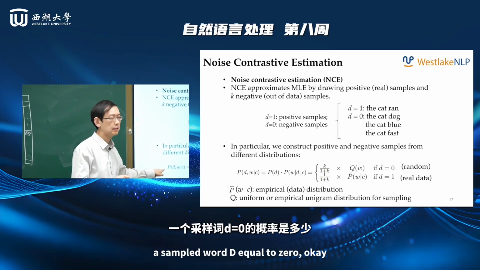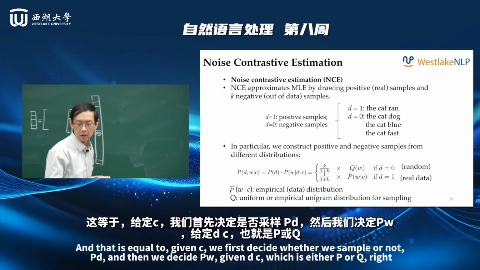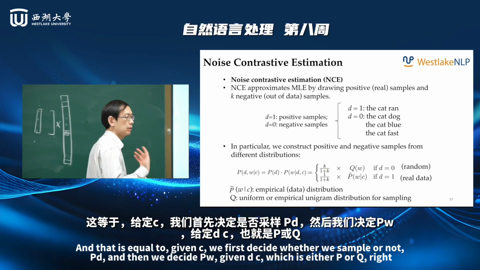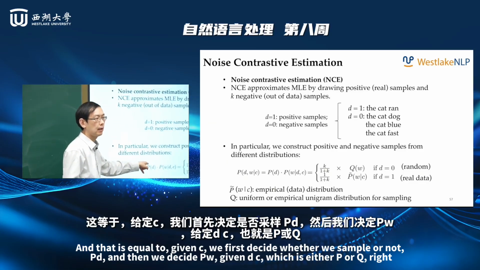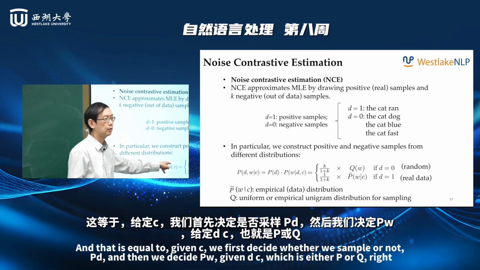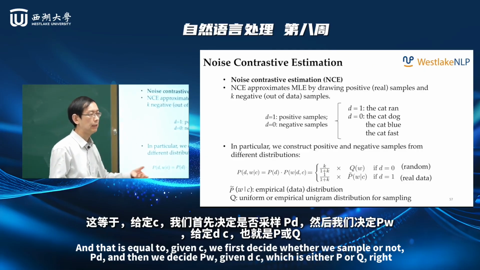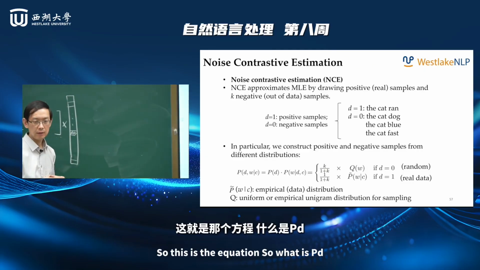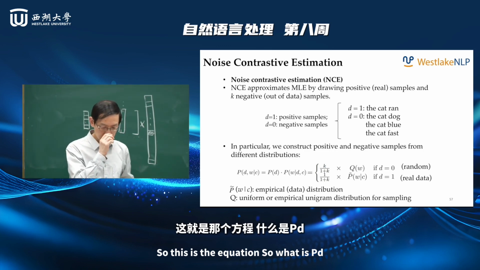That is equal to, given C, we first decide whether we sample or not, P(D), and then we decide P(W given D, C), which is either P or Q, right? So this is the equation.